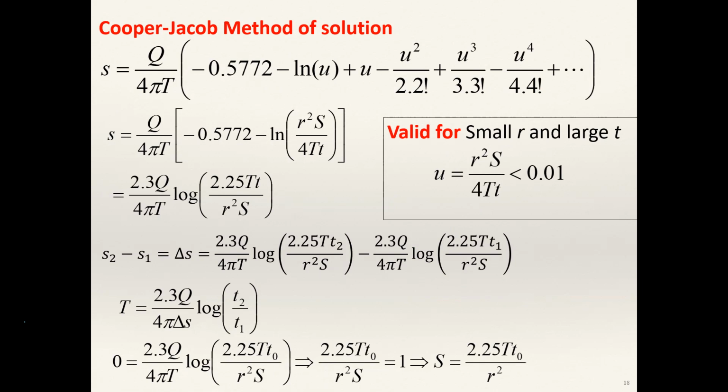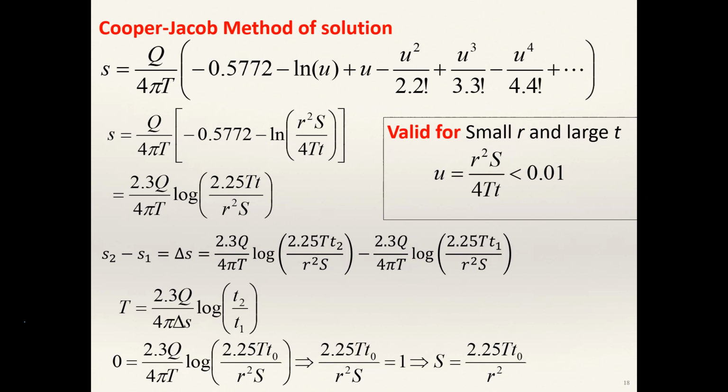Even though the Theis method seems simple, the shape of this equation is like a parabolic equation, right? So Cooper and Jacob developed a method to simplify this equation. But it comes with a drawback. What is the drawback? It is applicable only under certain conditions.